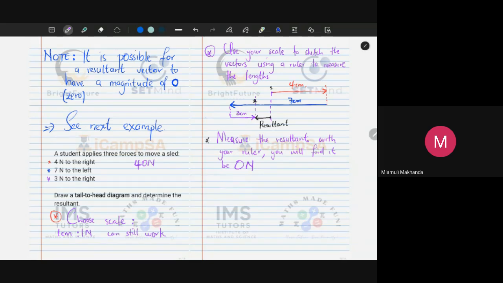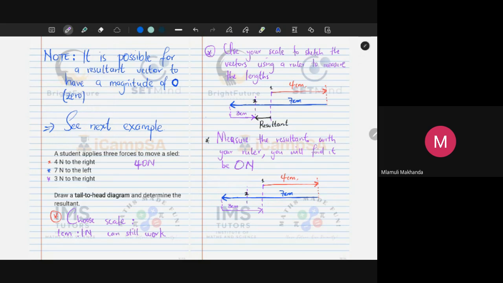I don't want to erase it, but let me do this. This means that your thing should actually be copy. This means you were supposed to get something like that.